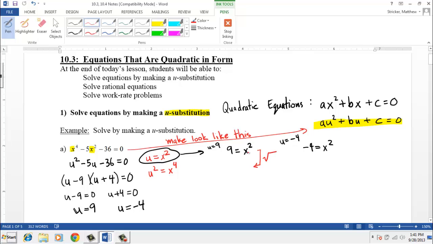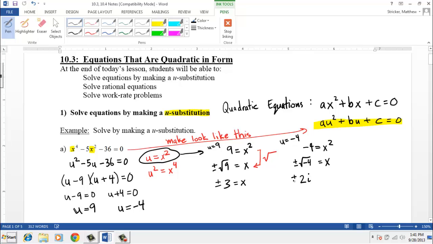Because if we took the square root of both sides, this one would give us that x is equal to plus or minus the square root of 9. And this one would give us that x was equal to plus or minus the square root of -4. Square root of 9 is 3. So that's x equals plus or minus 3. Then over here, square root of -4 is 2i.